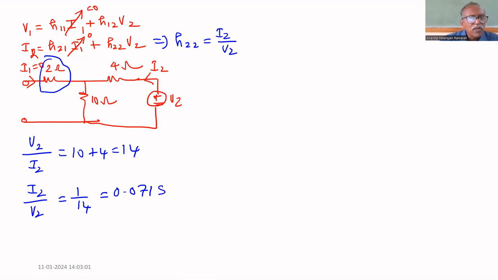V1 equal to what? There is no drop across 2 ohm, 0 volt. Therefore, whatever the drop across 10 ohm is V1. Therefore, V1 equal to 10 ohm multiplied by I2.